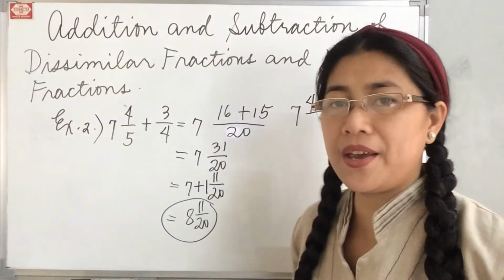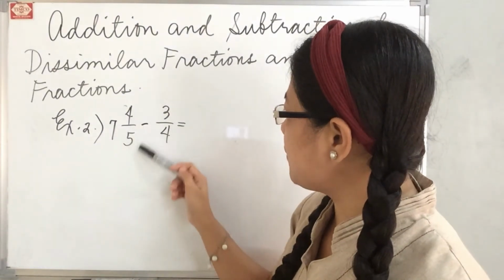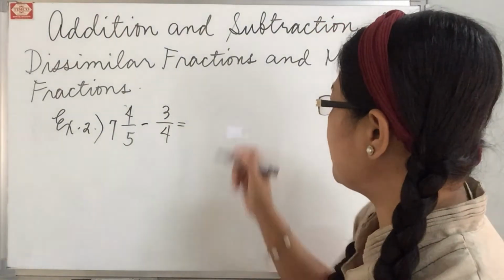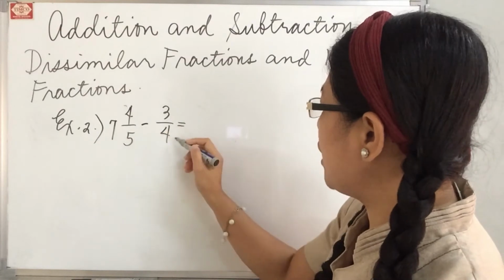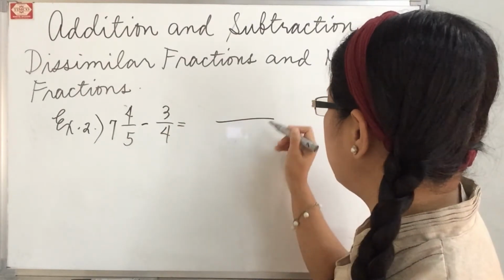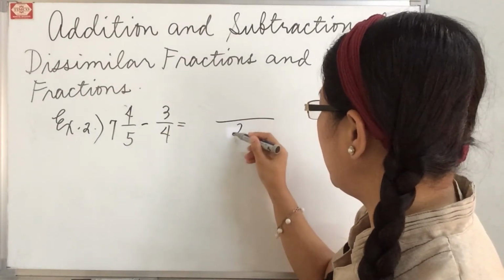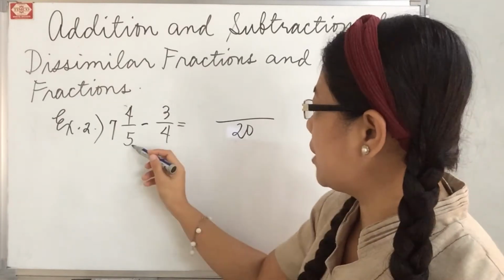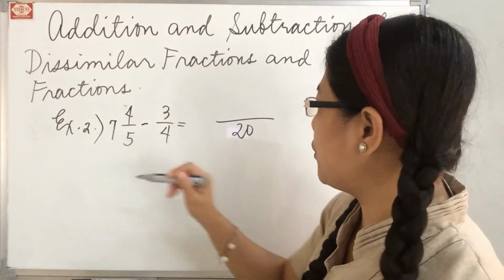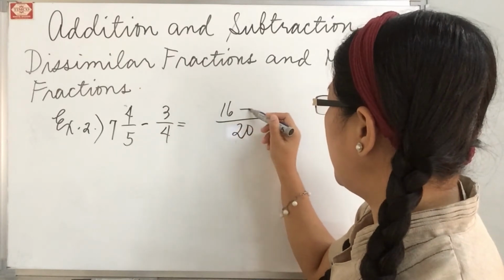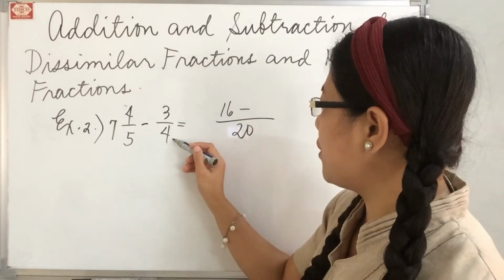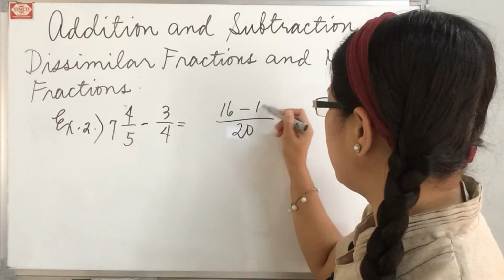Okay, now let's have the subtraction. 7 and 4/5 minus 3/4. So again, let's change the fractions into similar by finding the LCD, which is 20. So 20 divided by 5 is 4. 4 times 4 is 16. Minus 20 divided by 4 is 5. And 5 times 3 is 15.